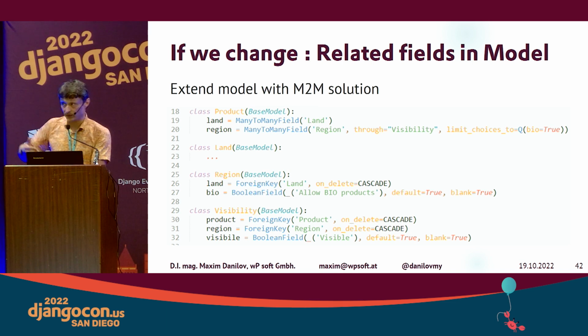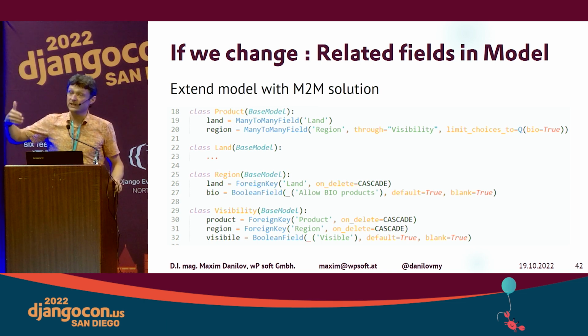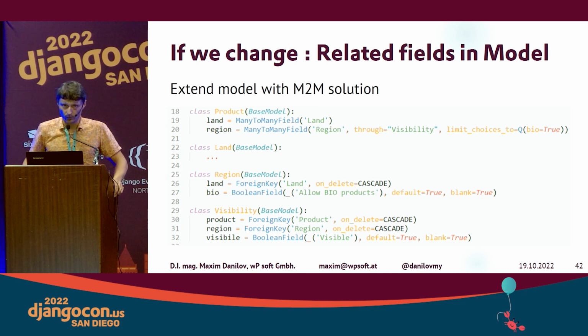Ski we can receive from Poland, from Slovenia, the same model, and from Vietnam. It means for a product there can be three lands where this product is produced. And also we have region where it was produced, and in this region probably I put one checkbox. This is a biological production or normal production.